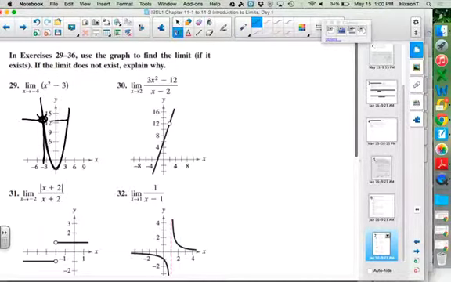As x approaches from the right hand side, the value of our function is approaching from below, alright, but it's approaching that same value. And in this case, because it's continuous, you actually can just plug in -4 and you get 16 minus 3 is 13. Okay?